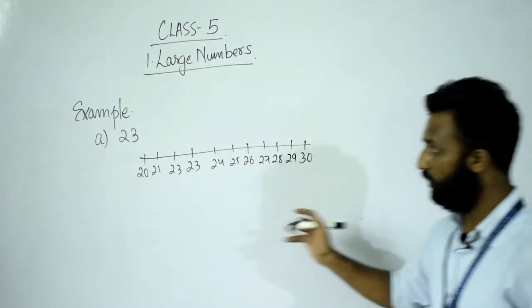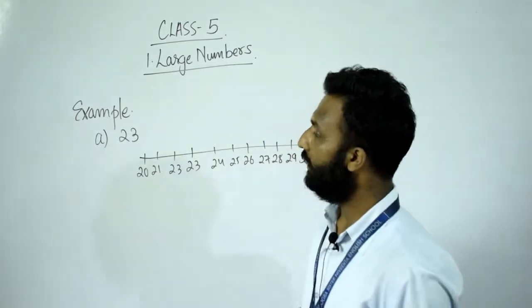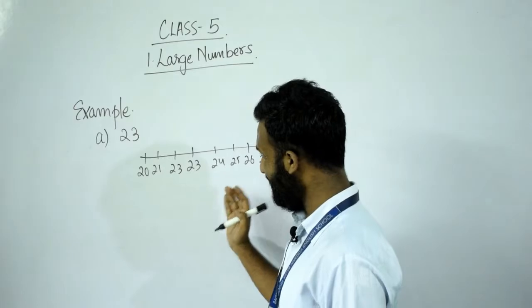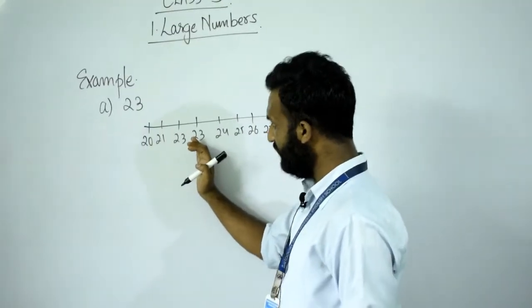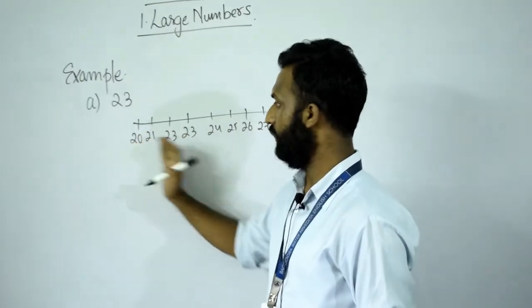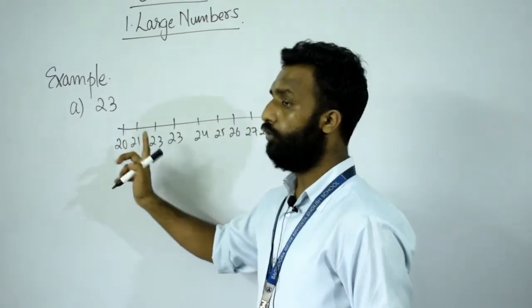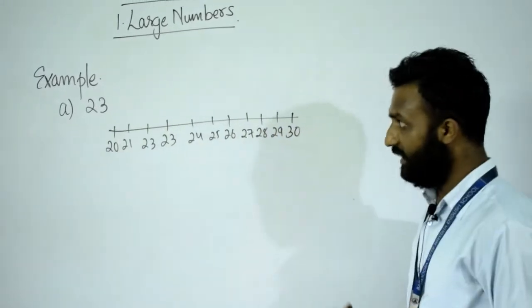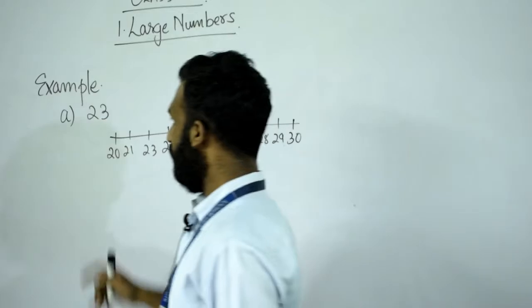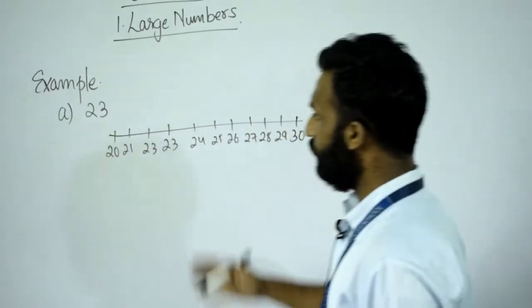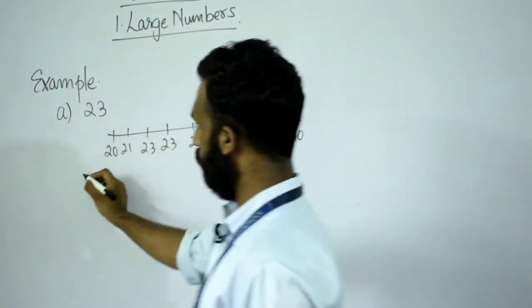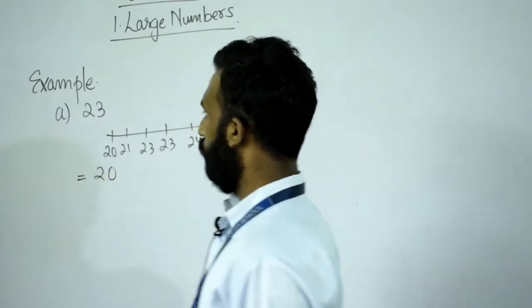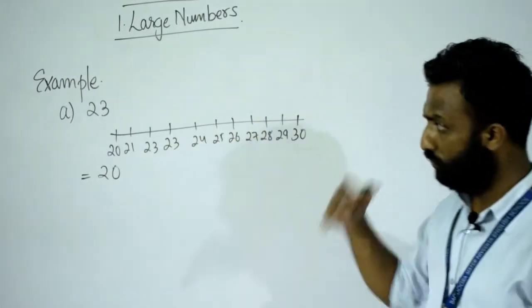So this 23 is nearest to 20. In that way, we can say the rounding of the number to the nearest 10 will be equal to 20.